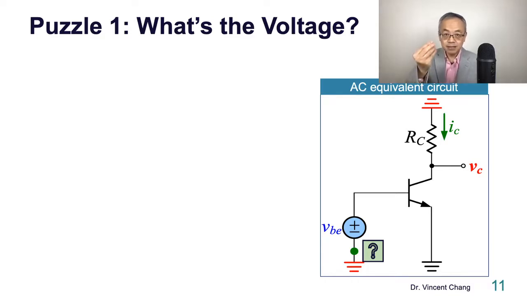If it's DC, then 0.7. If you are asking me about AC, let me pause. The green point voltage, if it's DC, is 0.7 volt, right? VBEQ.